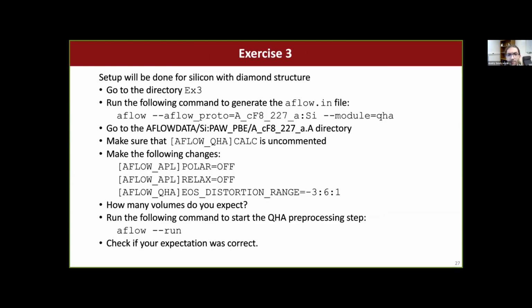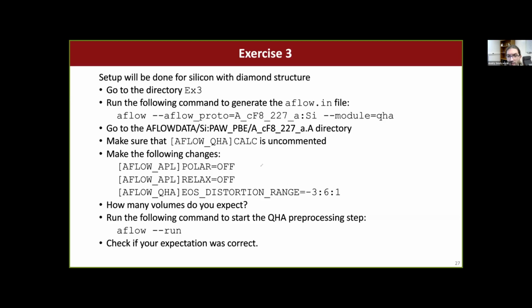So now it's time for the third and fourth exercises. In the third exercise, we want to generate an AFLOW file for a calculation of thermodynamic properties I just described. You want to make sure that AFLOW QHA calc is uncommented. You want to switch polar to off and relax to off in the APL block.